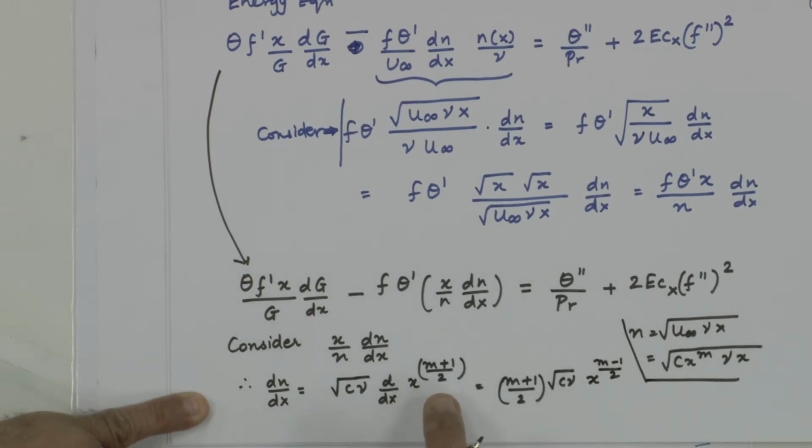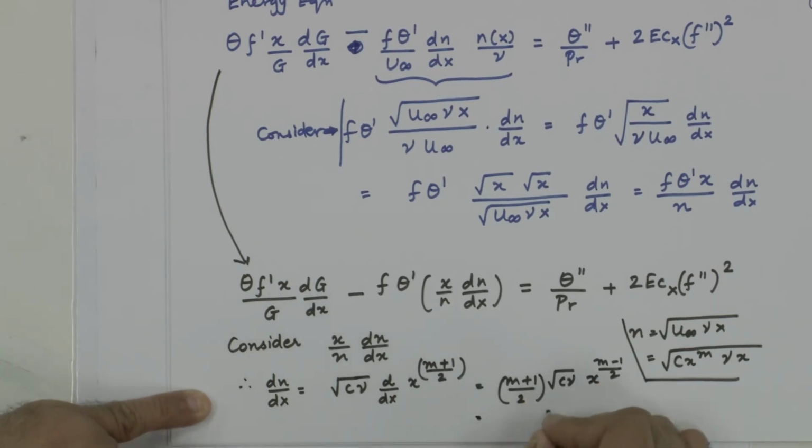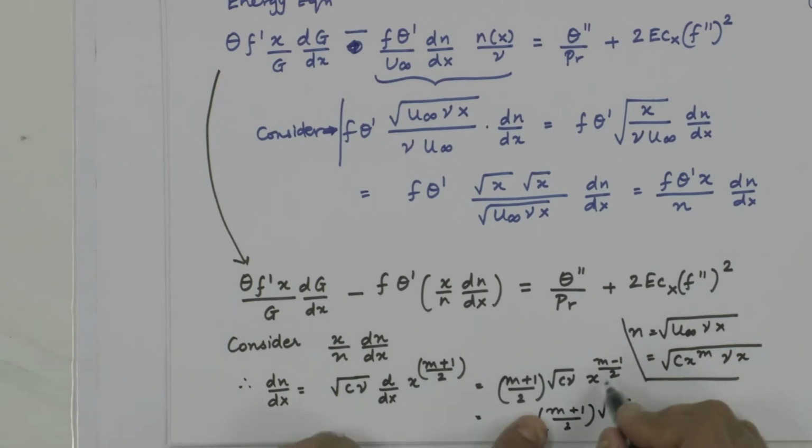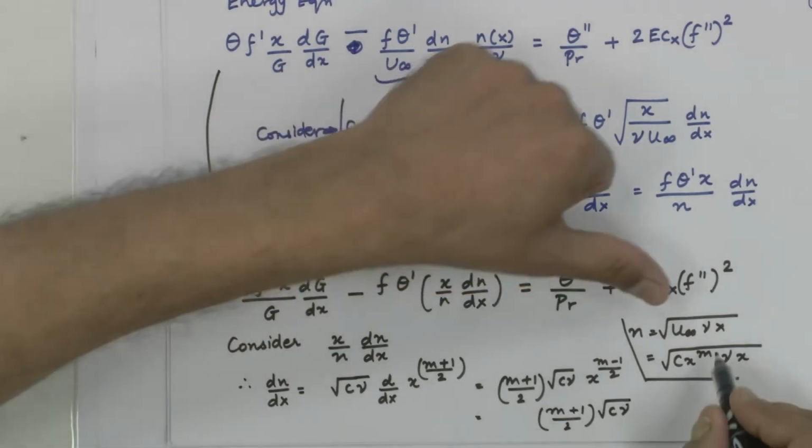Derivative of m by 2 plus half is nothing but m by 2 minus half with this thing in front. So this is coming out to be m plus 1 by 2 c nu the root sign x to the power m minus 1 by 2, which I want to write just like this.